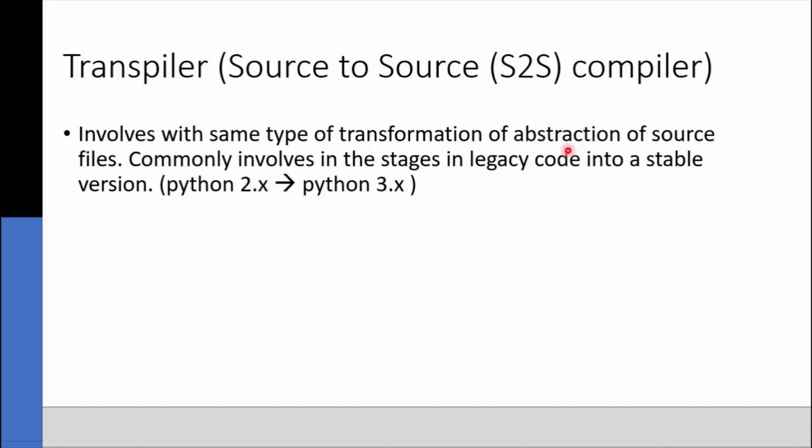It's abstraction; 2 point something is not fully accepted, but abstractly accepted. So it's transformation of abstraction of source files. Now I want to change this Python 3.2.2 something to Python 3 point something. Now this is the transpiler. It transforms one phase to another.